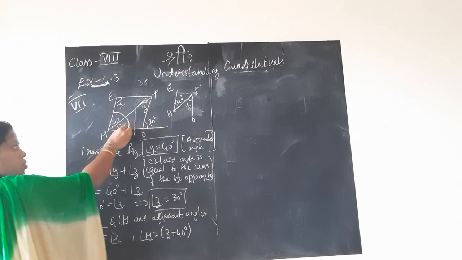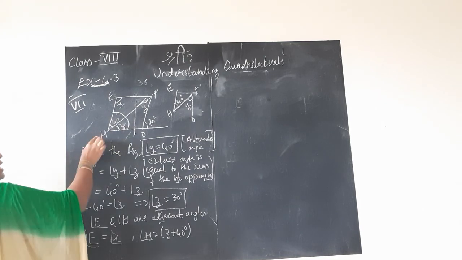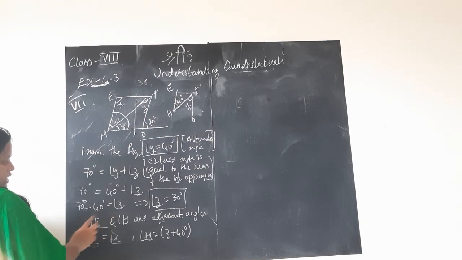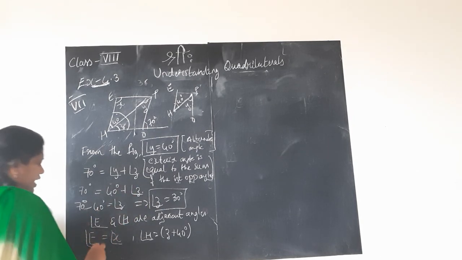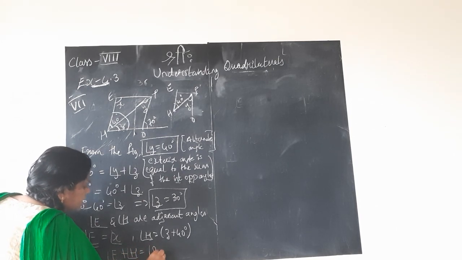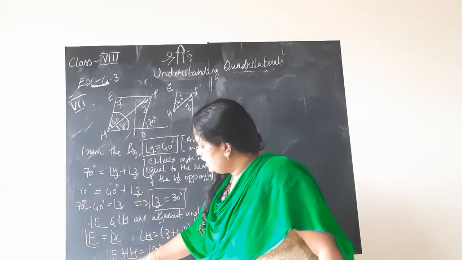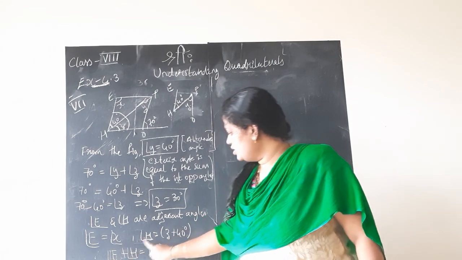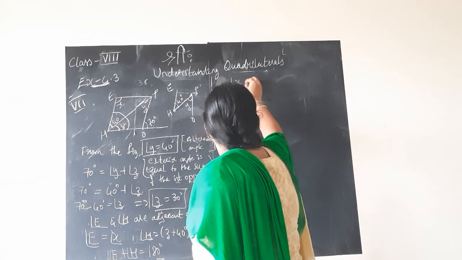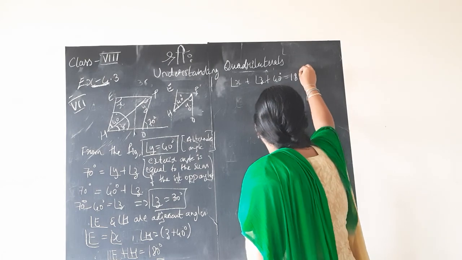In order to get whole angle H, it is split into 40 degree plus angle Z. So angle H is whole 40 plus Z. Now E and H are adjacent angles, and therefore angle E plus angle H will be 180 degree. Hence, in place of E, now I will write angle X. In place of H, I write Z plus 40. So, angle X plus angle Z plus 40 degree is equal to 180 degree.